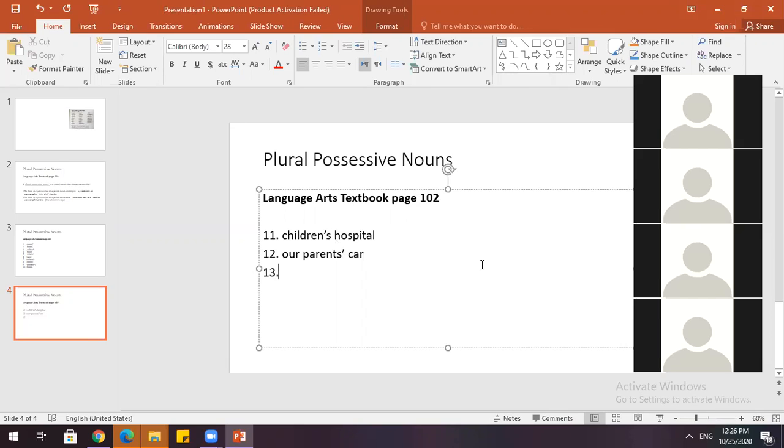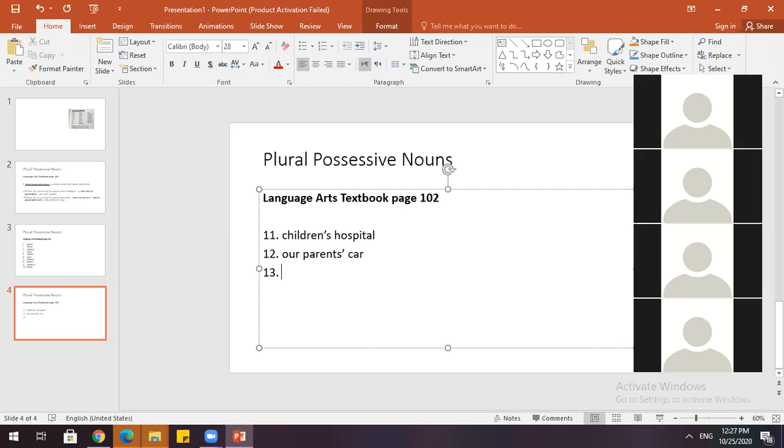Okay, number 13. Who did I call on for number 13? Mohammed? Okay, go ahead. With the help of the nurses, we gave a toy to each child. Okay, so look, we are changing this to plural possessive form.